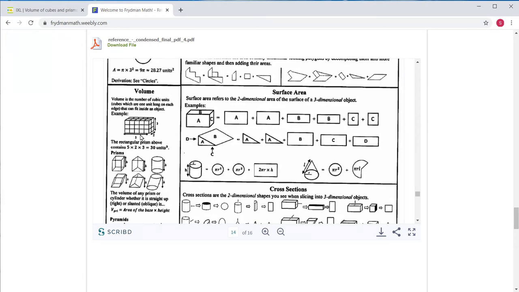Well, to answer that, we would just multiply all of the edge lengths together. So we could just do 5 times 2 times 3, and that would give us 30. Now that is for a rectangular prism.